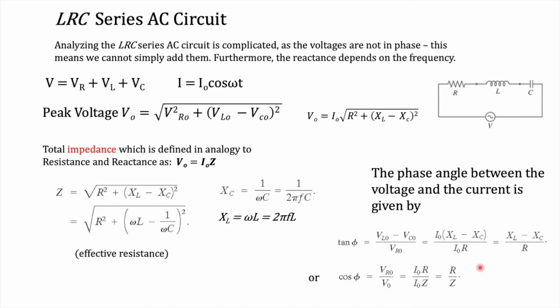So phi would be the tangent inverse of this term over here. Or you can also use cosine phi, and use any of these parts here, depending on what you are given.